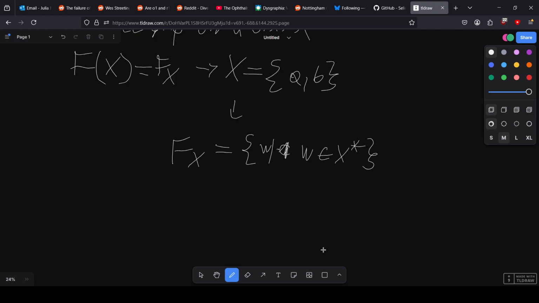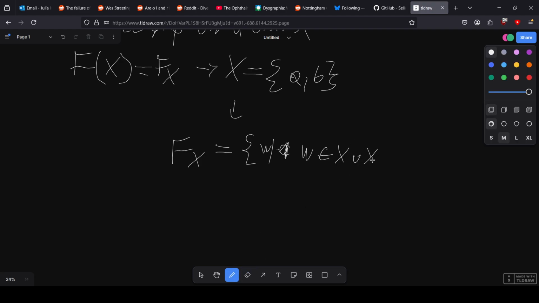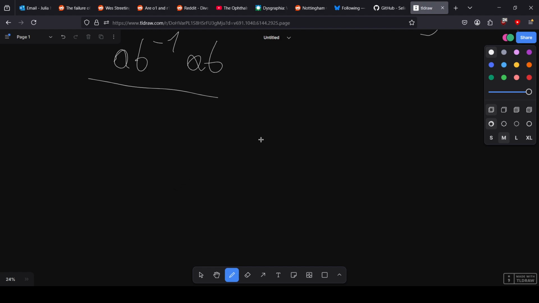In particular, one very important thing that I will add is that we are also adding inverses as symbols here. So for example, a typical word here would be something like this. And because there are no relations between a and b here, there's no way to actually collapse this into something simpler.